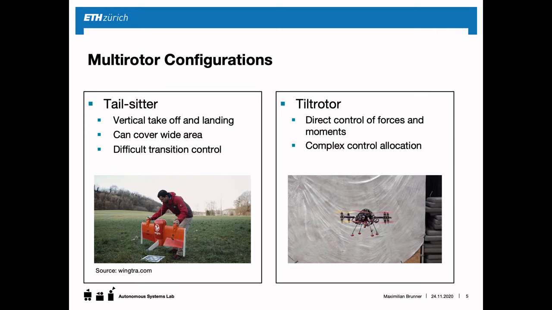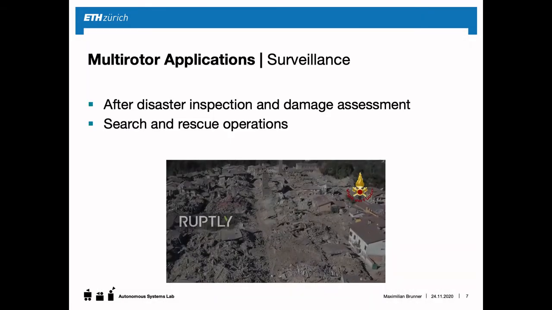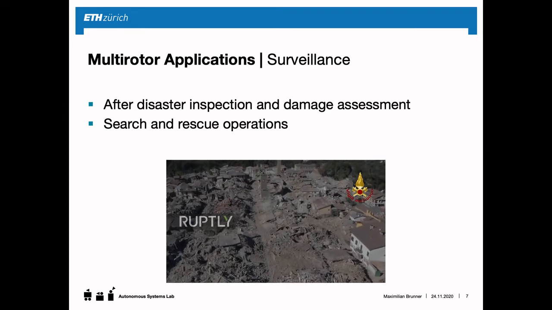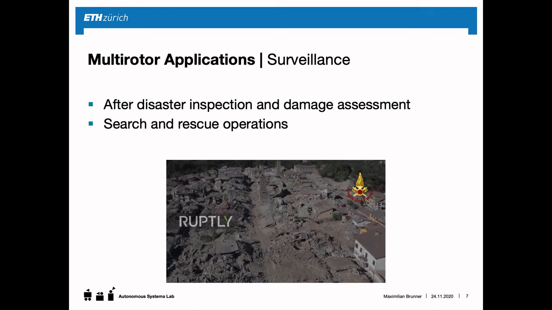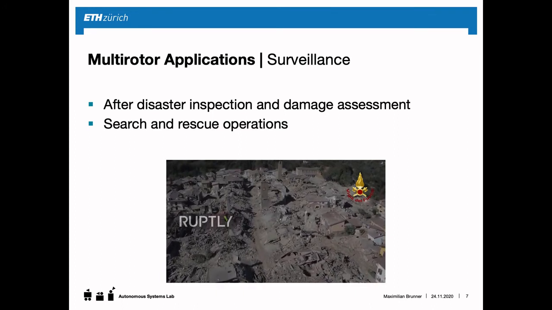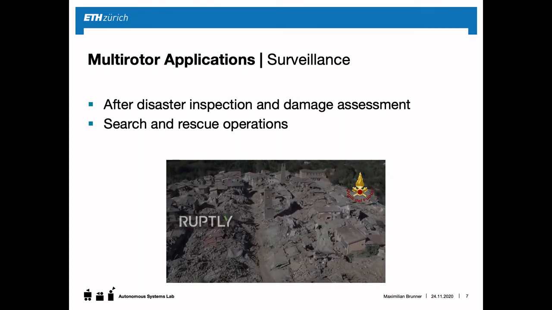So let's look at a couple of classical applications on where we can use multirotors today. One classical example for the use of multirotors is in surveillance. So as we see here in this video, we can use multirotors after, for example, earthquakes to quickly create maps and to prepare and help rescue teams that can then go into these damaged areas to faster find their way around.